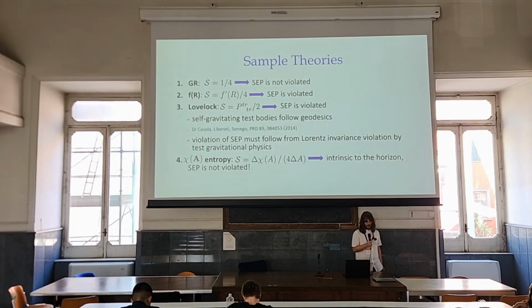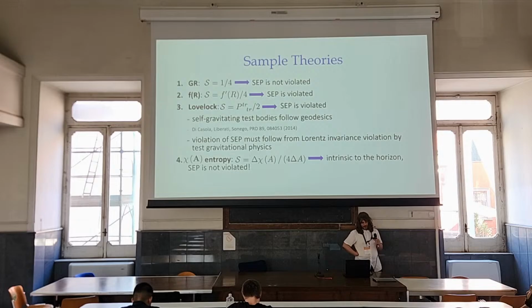A particular case of this is the Lovelock theories of gravity, for which it gets a little more interesting. As you can see, the ratio S does depend on the background curvature through this tensor P, which is just the derivative of the Lovelock Lagrangian with respect to the Riemann tensor, which for any Lovelock theory but GR is going to be dependent on the background curvature.